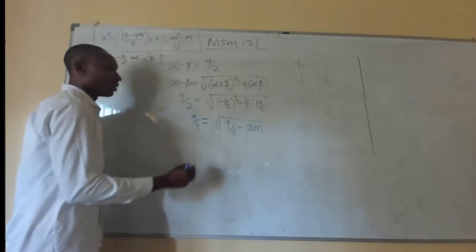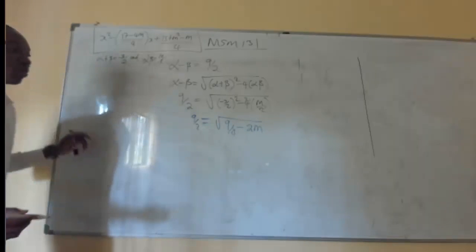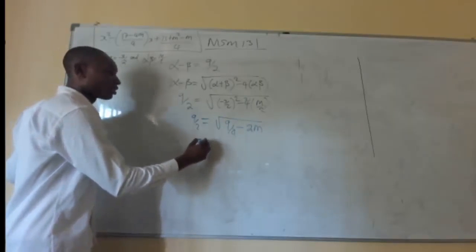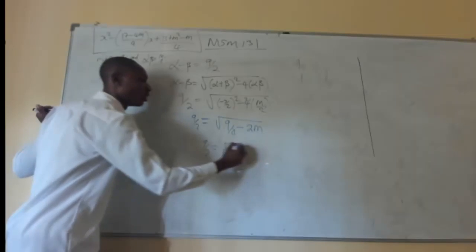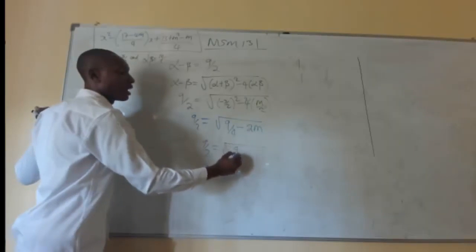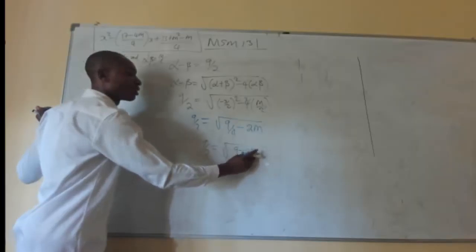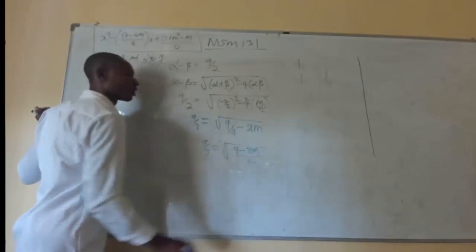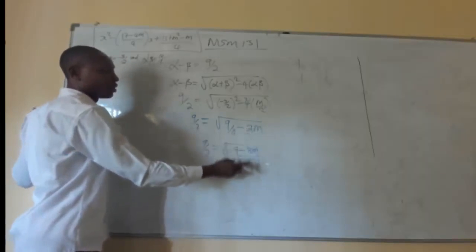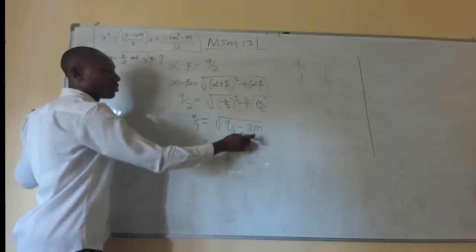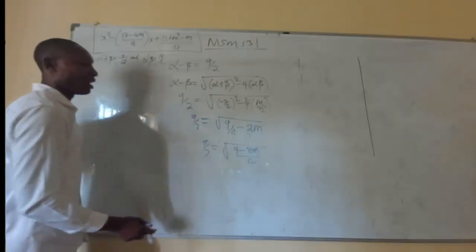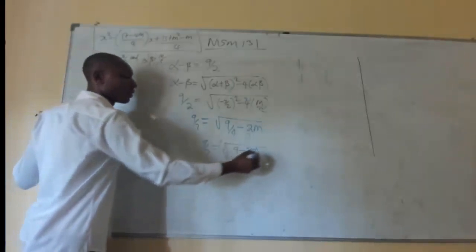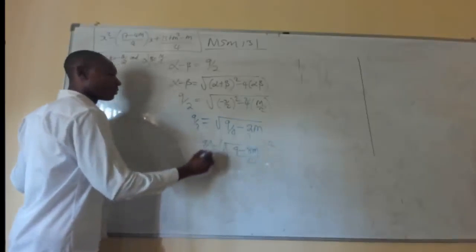Now I want to get rid of, we can actually form this into a single fraction, so we have 9 over 2 is equal to the root of 9 minus 8m over 4. The common denominator here is 4. 4 into 4 is 4, times 1, 9 minus 1 into 4, 4 times 2m is 8m. Now we want to solve for m, so we want to get rid of the square root, so we square both sides.